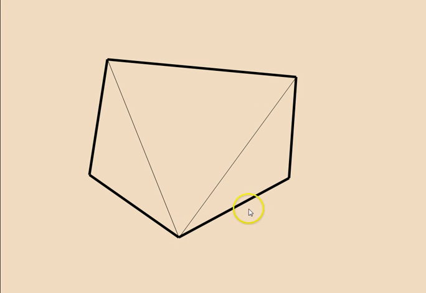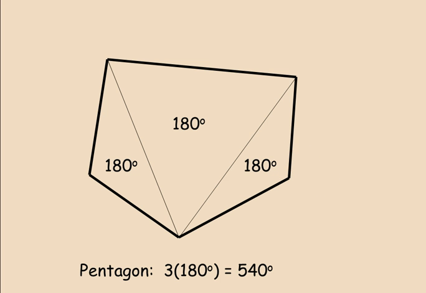And then we don't need to go from this vertex to that one because that side already exists. Notice there are 3 triangles made up, and even though those triangles look different, we do know that all of them have 180 degrees in them. So if there are 3 triangles that make up a pentagon, that means a pentagon must have 540 degrees because 180 plus 180 plus 180 is 540 degrees.